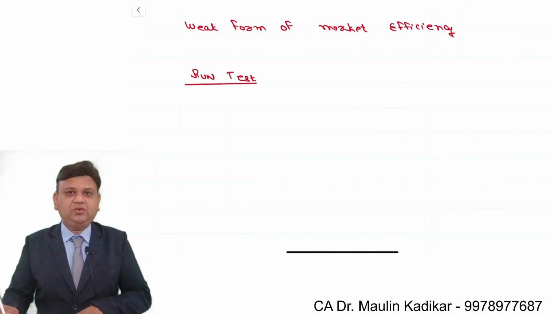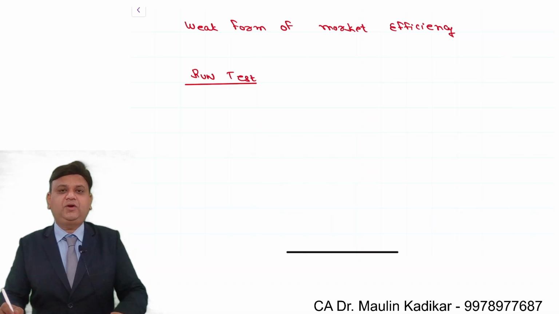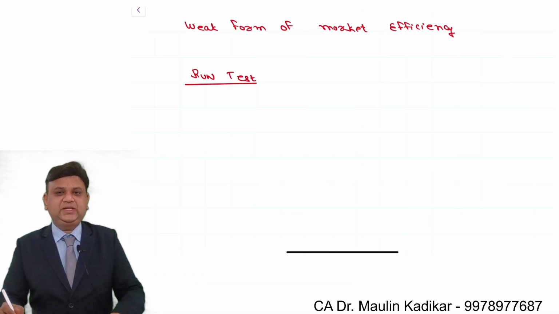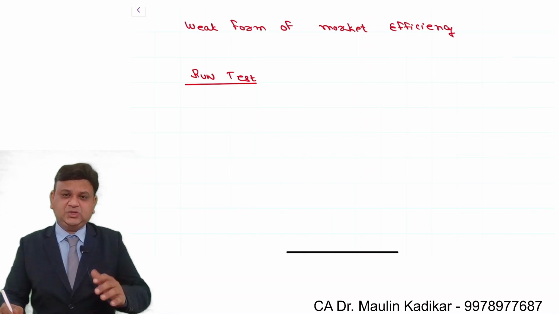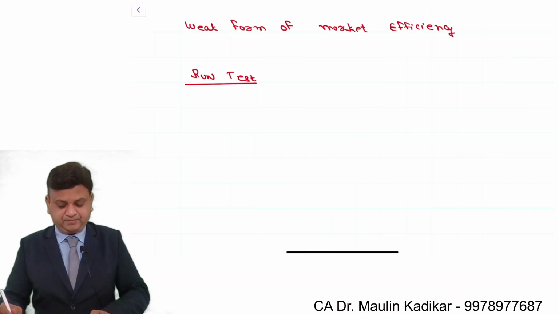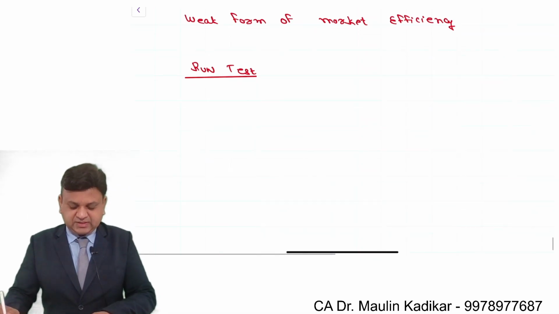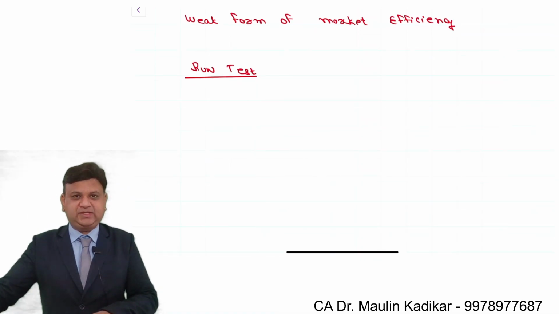So friends, in order to test whether the market is in the weak form of market efficiency, there is another type of test that is given the name run test, and that is what we are now going to understand. So, understanding a new concept that is called run test.